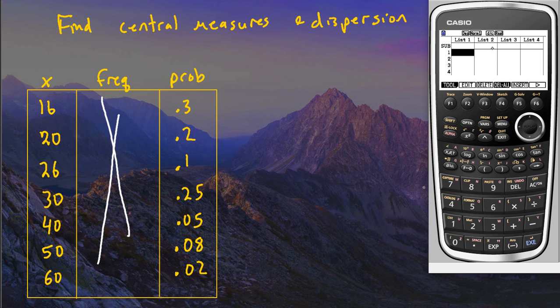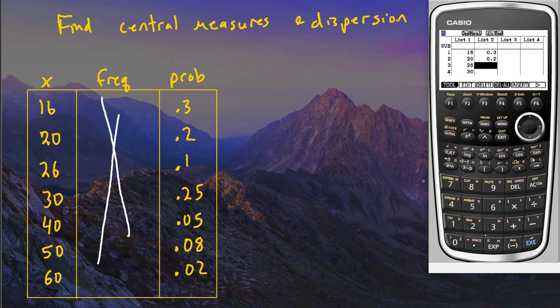I want to be careful I don't actually delete the lists themselves. And now I'm going to put in my table. So I have 16, 20, 26, 30, 40, 50, 60. And then at the right, I'm going to put in my probabilities.